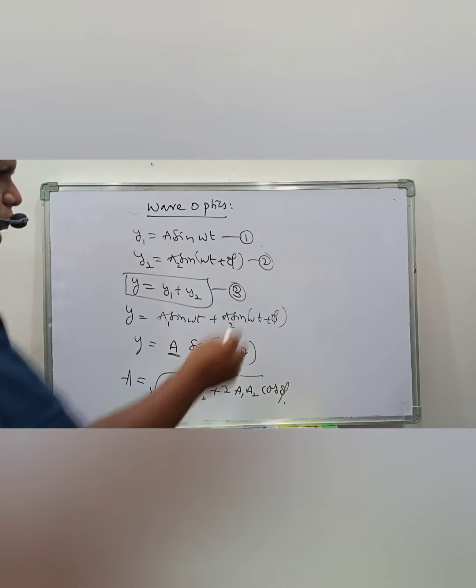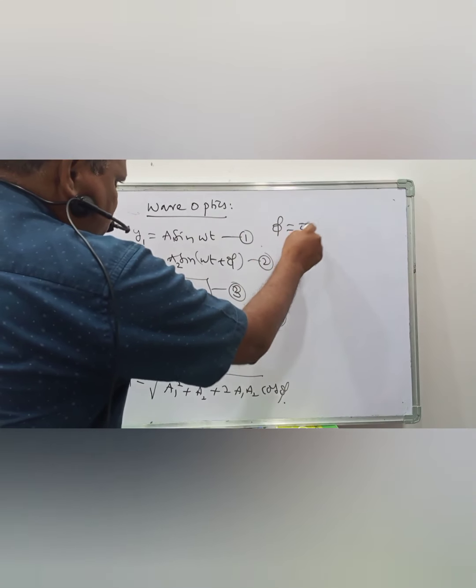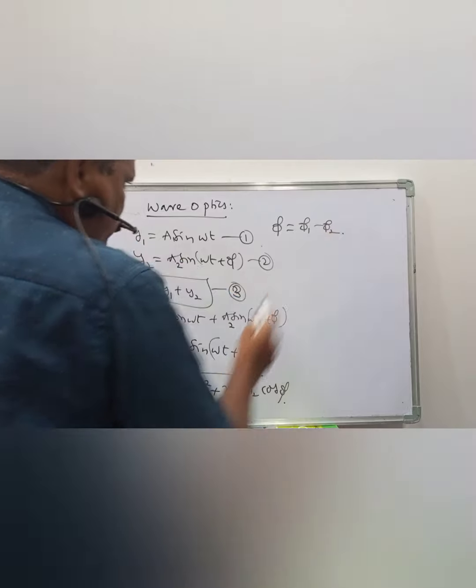Here phi is the phase difference between the two waves, phi1 minus phi2.